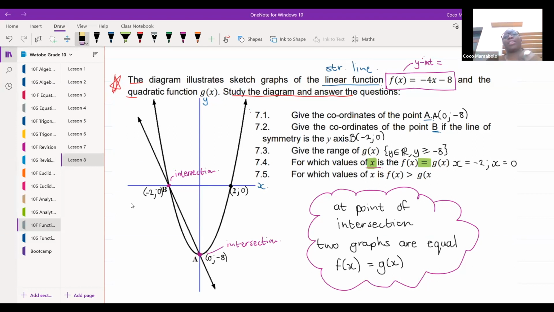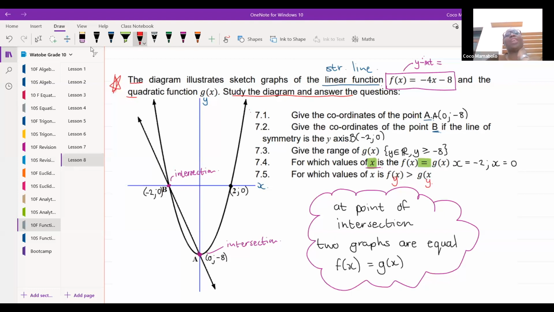Okay, now let's look at this next question, guys. The next question says, for which values of x is f of x greater than g of x? Now, let's think about this, guys. We know that f of x and g of x are actually our y values. Right. Yes, Chifaro, we are. Okay.